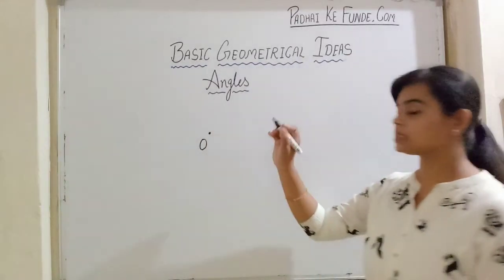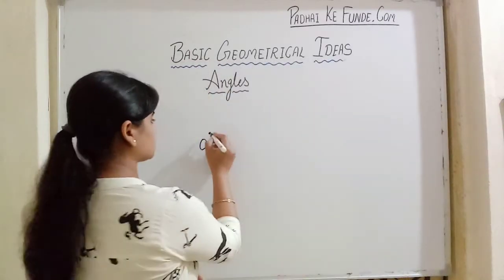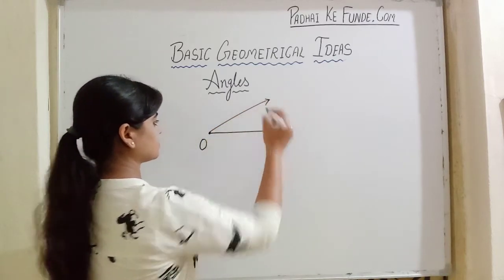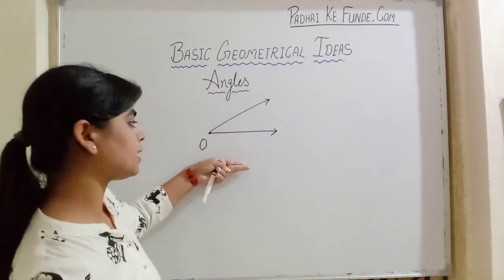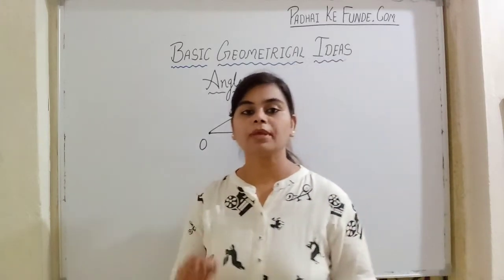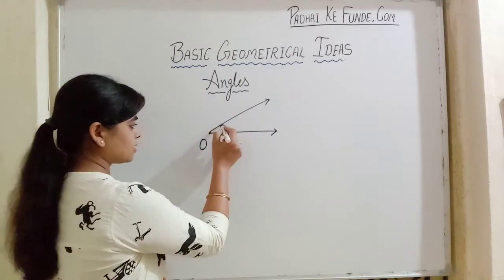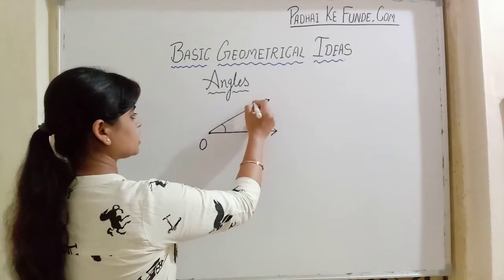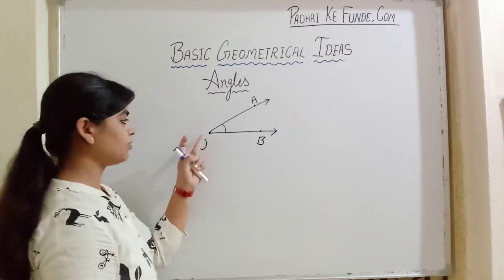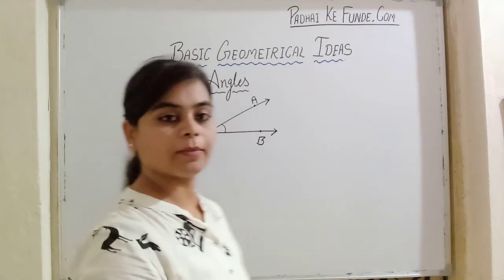If from the same point I make two rays anywhere in any direction, like this, one here, another here, then those two rays form an angle. This is an angle here. We have ray OA, ray OB, and this O is a point. So one point and two rays form an angle.